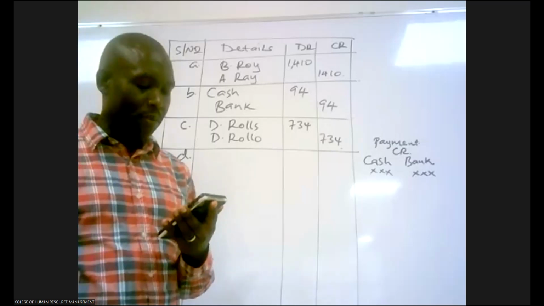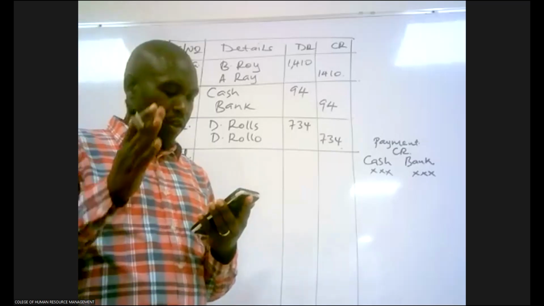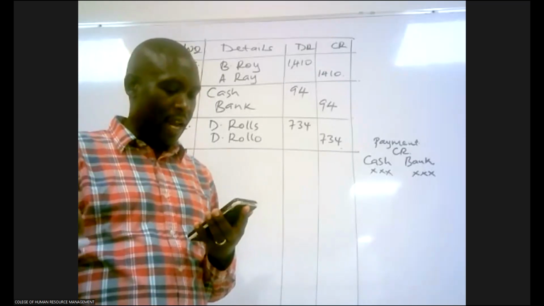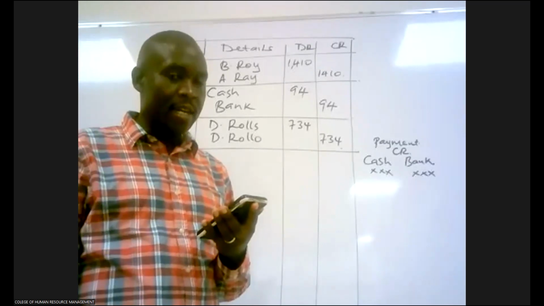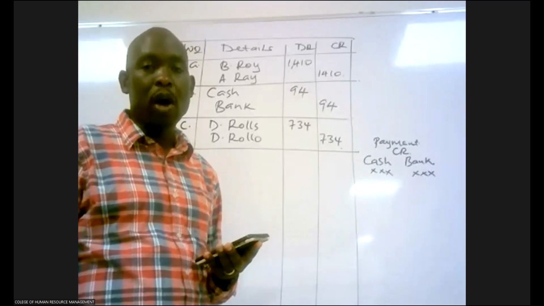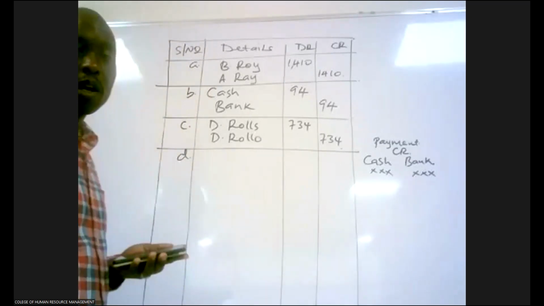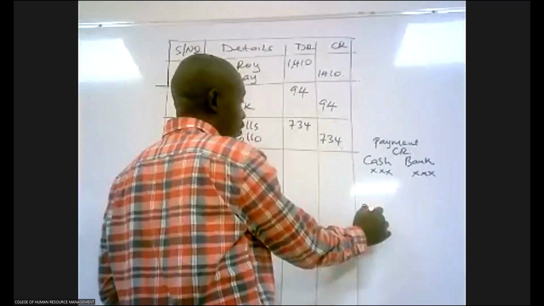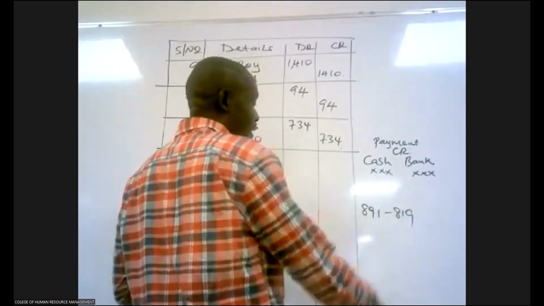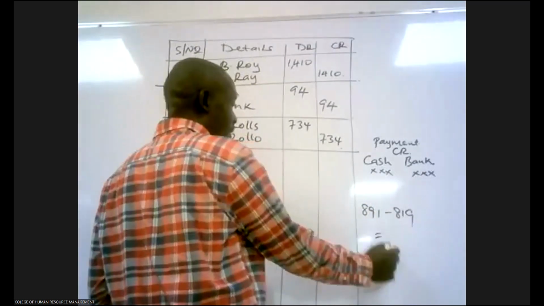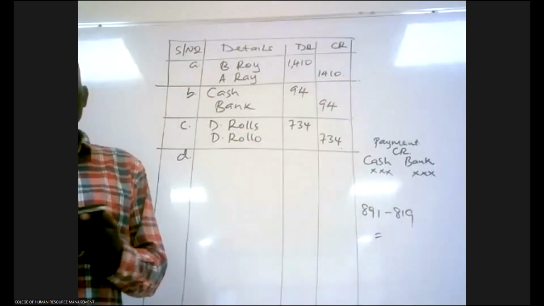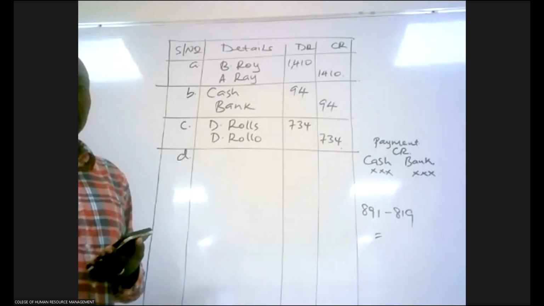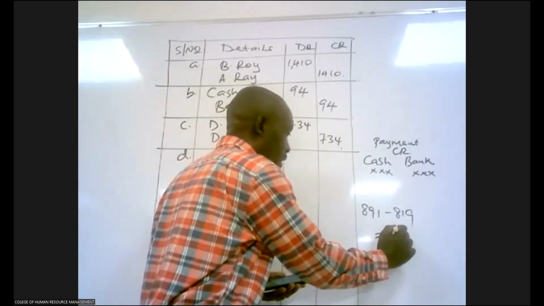On credit from L hand 819 entered in error as 891. So you see, it was a purchase of 819 from L hand, but instead of using 819, we used 891. Again, when you are given two figures, get the difference. The difference of 891 minus 819 gives us 72.